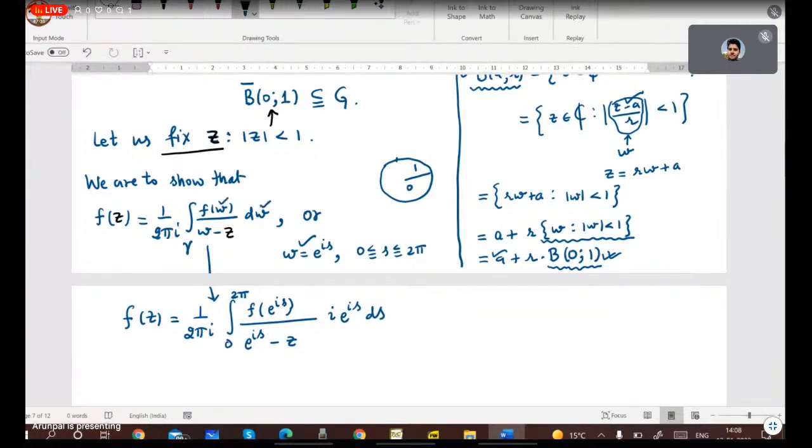Now we have changed it using the idea of parameterization, right class? We have used the idea of parameterization, and now we have changed it into an integral depending upon a real parameter, right class? s is varying between 0 to 2 pi. Is this okay? Yes, sir. Right?